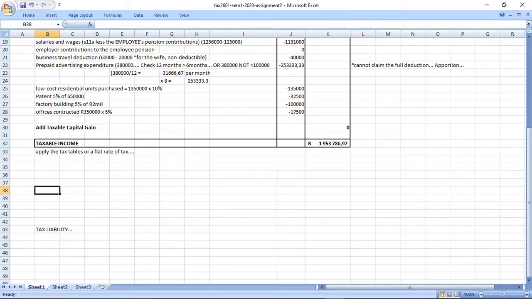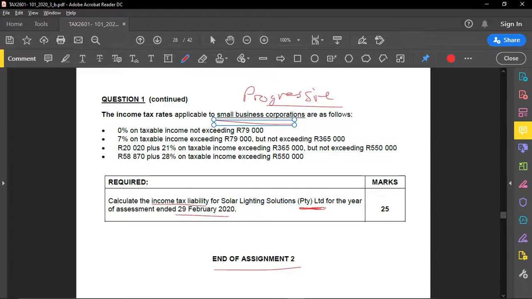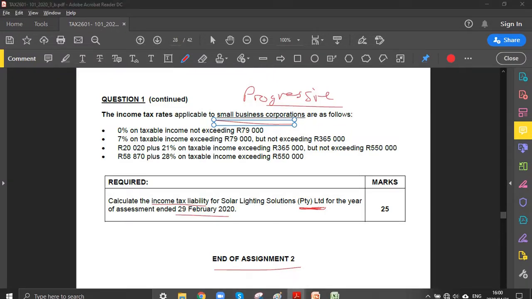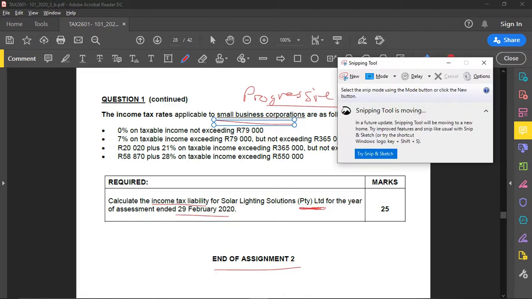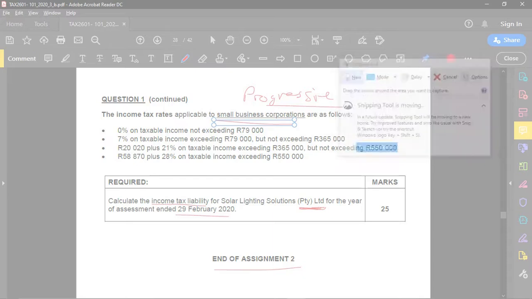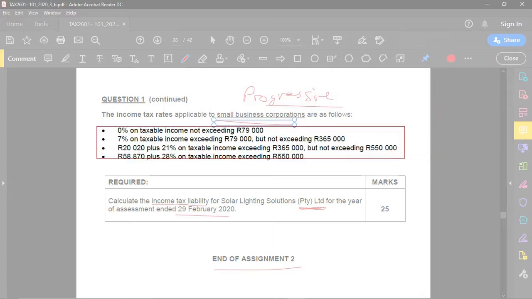So I'm going to go to the question. I'm going to just take the content that's here just so that you guys can see how I'm actually accounting for the tax liability.